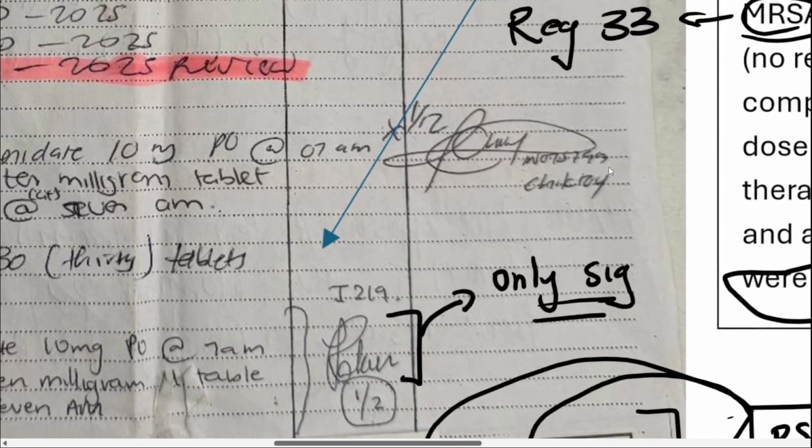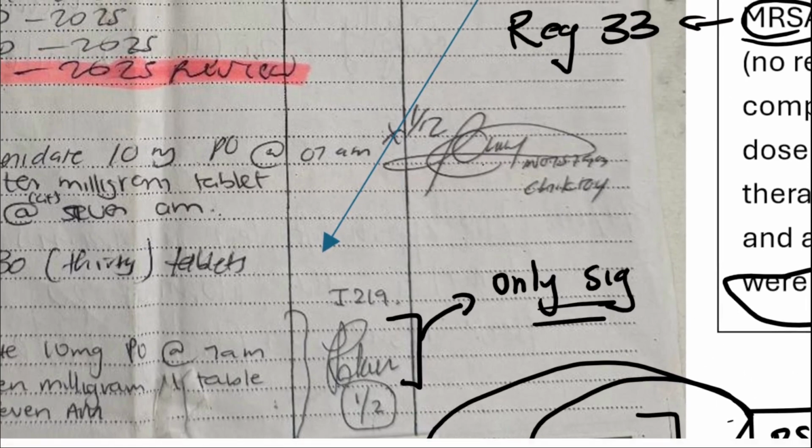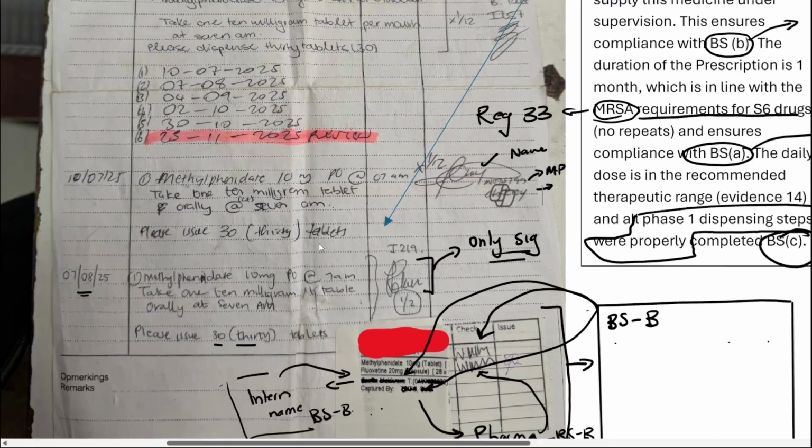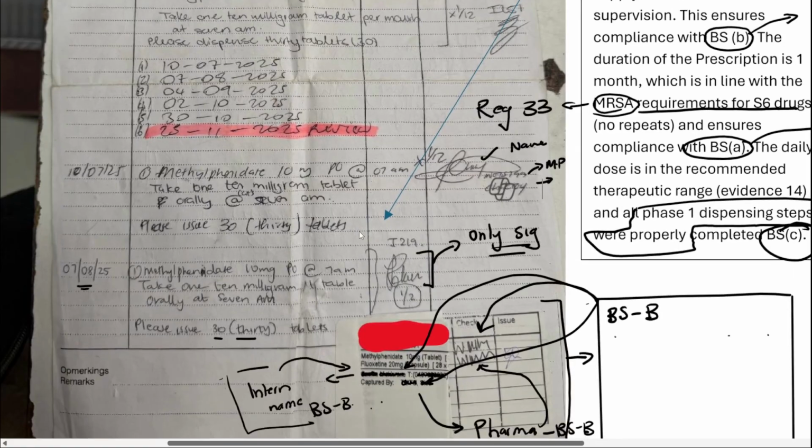The previous prescription is actually better because, okay, the signature is there. The doctor added their name, the surname is here, it's provided, and then this is the practice number. So this doctor actually did include the requirements for a prescription according to that regulation.